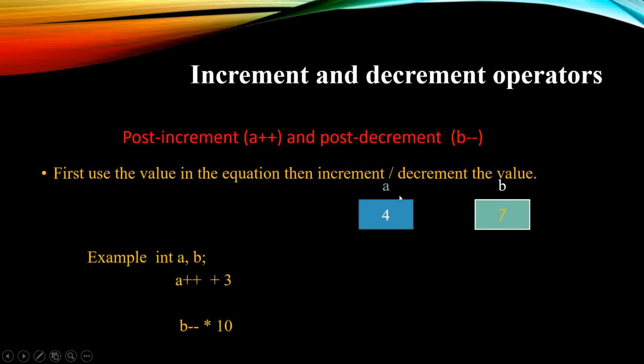4 is the value, then we have to use this 4 first before incrementing the value. Then we have used 4, right? Now what you have to do is increment the value. Now what is the value? It has been incremented, so we can do the remaining thing.